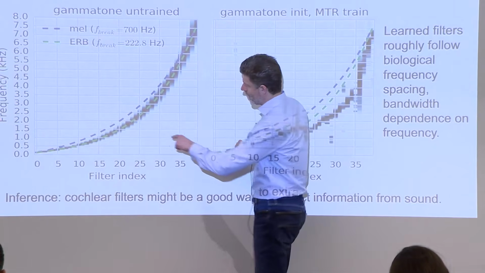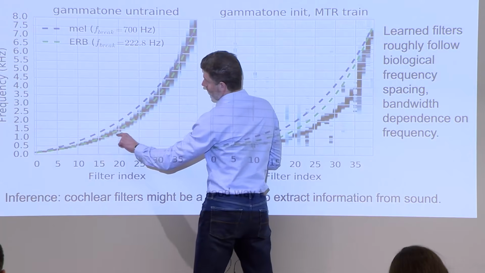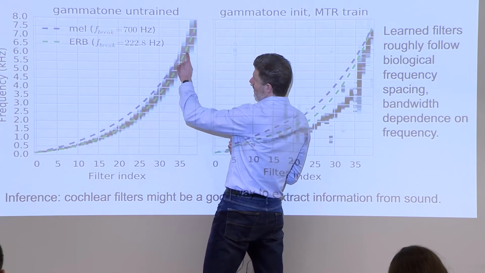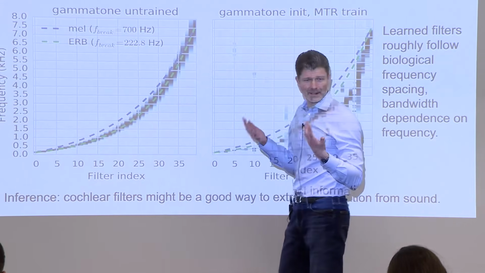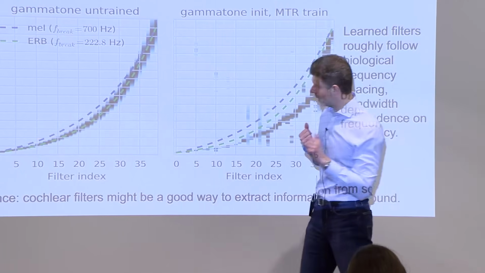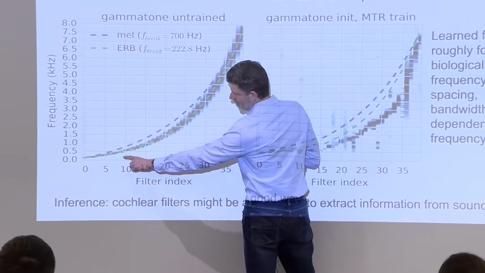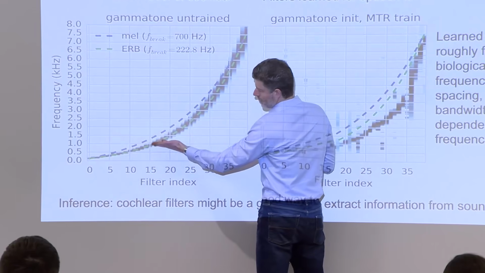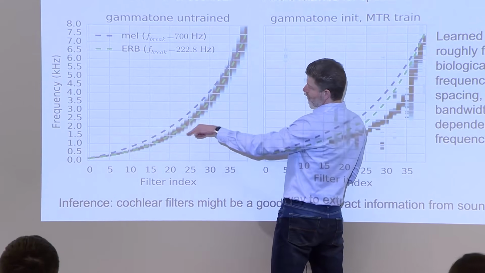Okay? And the dashed green line is a function that's been fit to lots of observations from the masking experiments that we just talked about. And so what you can see is that the filters in the ear are arranged from low to high frequencies with this particular mapping.